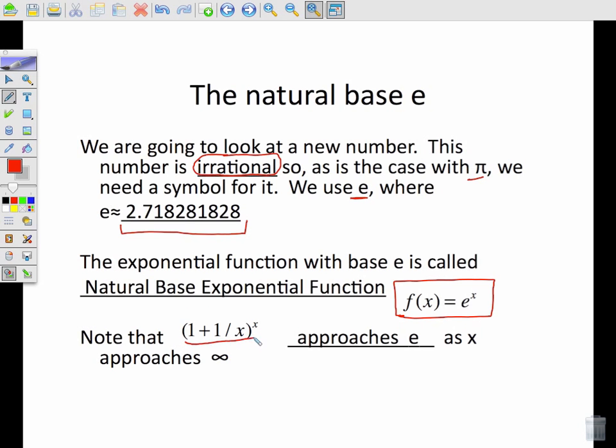This approaches the number e, the 2.718 number, as x approaches infinity. So as I substitute large x values in here, as it goes to infinity, this expression slowly approaches the 2.71 or the e number.